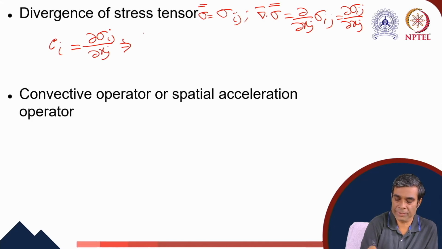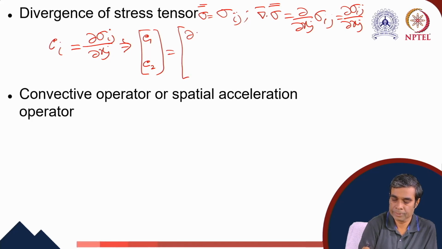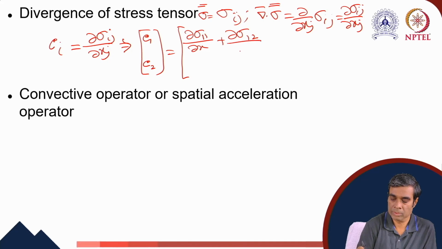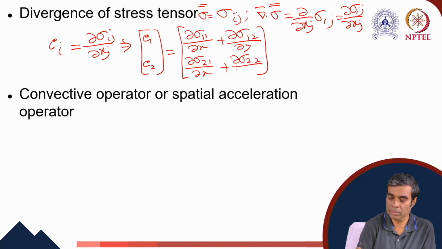In 2 dimensions, we can write C1, C2 equals to del sigma 11 del x plus del sigma 12 del y, and the second component C2 can be given by del sigma 21 del x plus del sigma 22 del y.